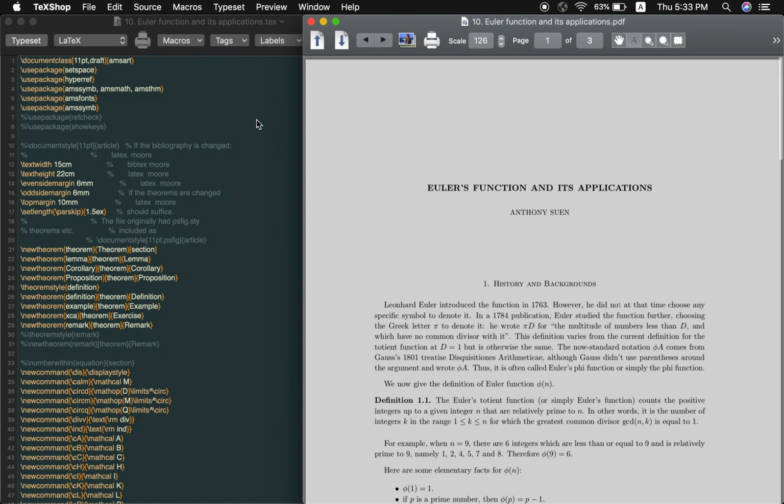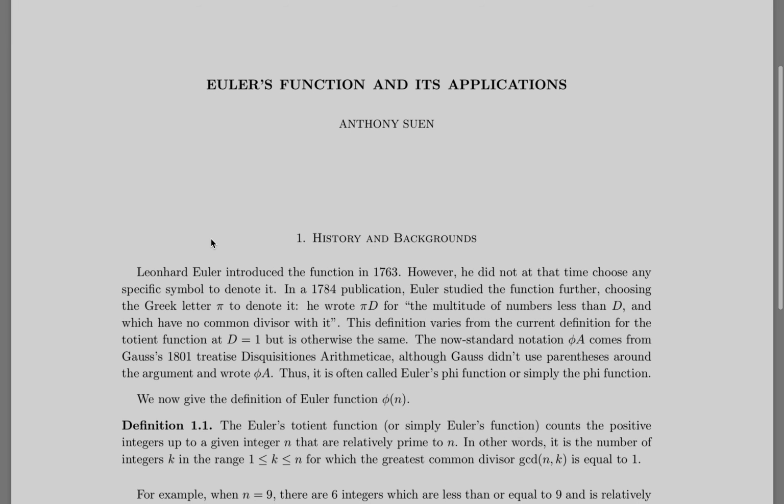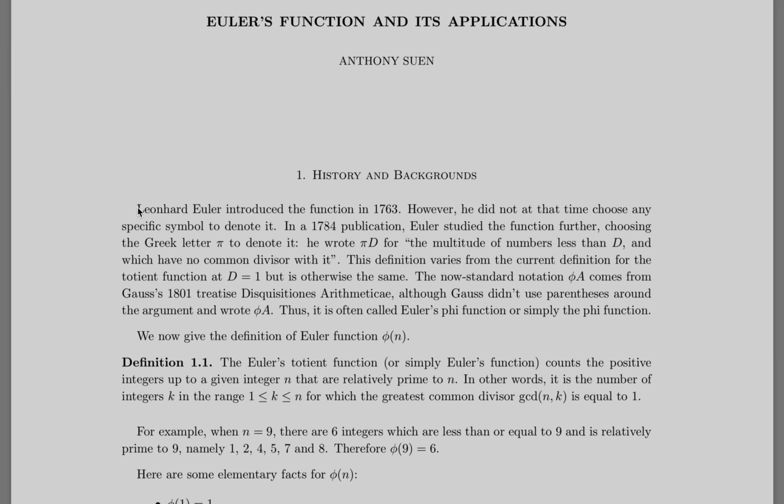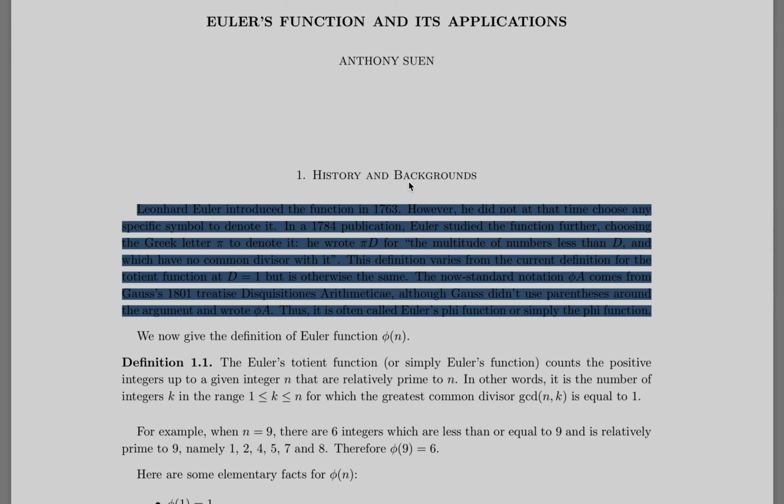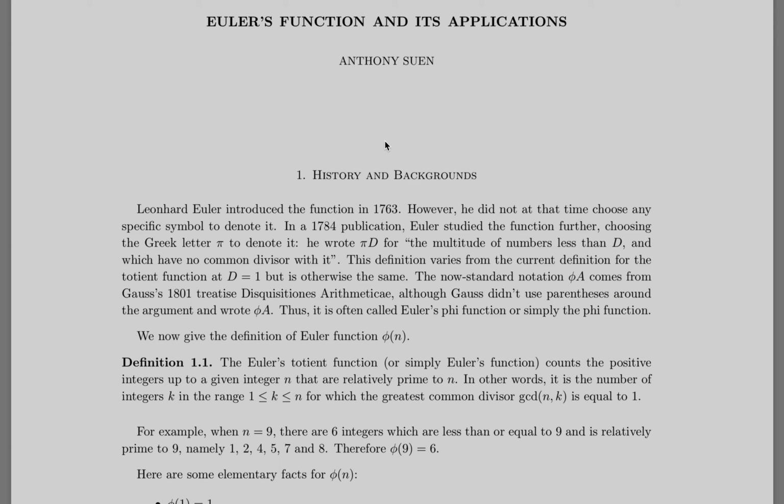If you look at my notes, you can see the basic history behind Euler's formula in the very first paragraph. In fact, the reason why we call it Euler's formula is because it was invented by a mathematician called Euler, almost 300 years ago, so it's not something new, of course.